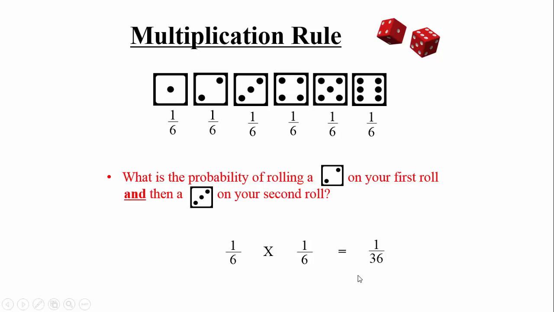So when you do the multiplication rule, you should expect that your answer will be lower or more difficult to achieve than any individual event. And then you know your answer at least makes sense. At least you're going in the right direction. So in other words, is it harder to roll just a 2, which is 1/6? Or is it harder to roll a 2 and then a 3? Obviously, it's harder to have those two things happen back to back. And so 1/36 is a lower number. It makes sense at least.